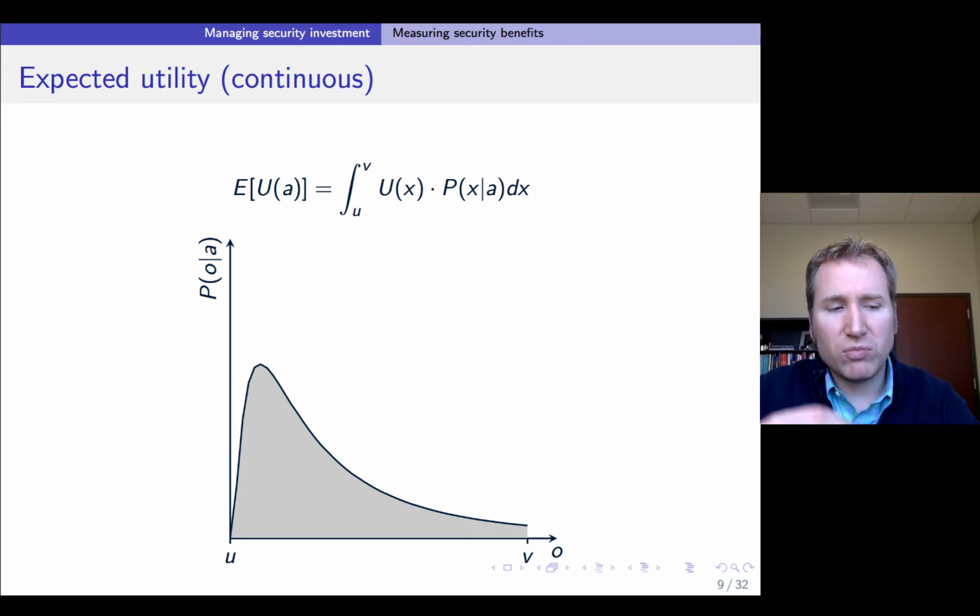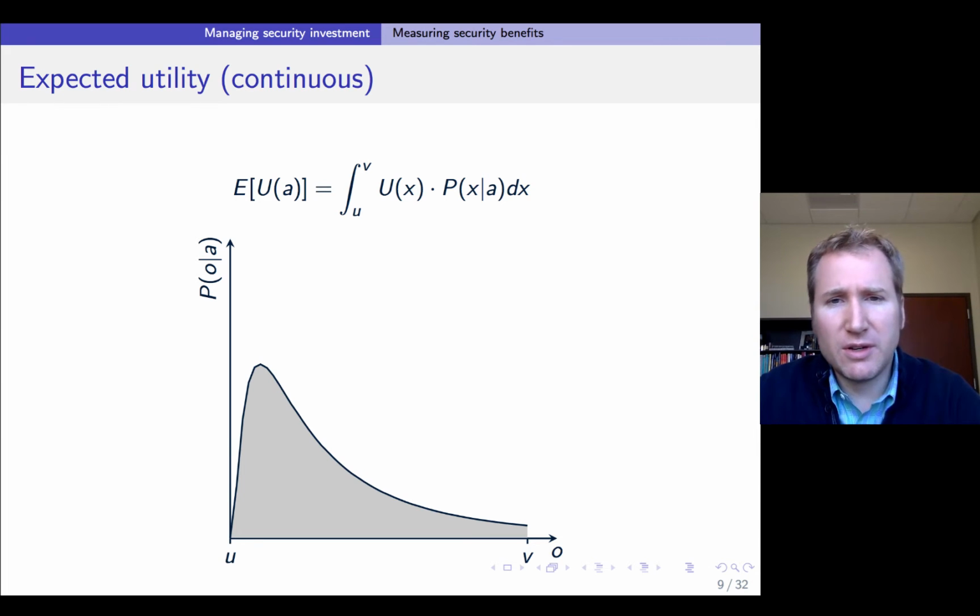Of course, if instead of just having a finite set of outcomes, you have a continuous possibility, then that could turn this expected utility into a continuous function, like so.